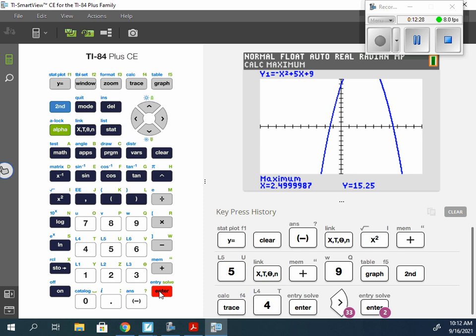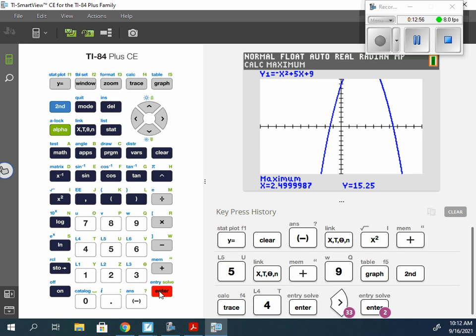So the maximum value is 15.25. What's the domain going to be? All real numbers. Because again, since we're still dealing with the quadratic, the domain will be all real numbers.